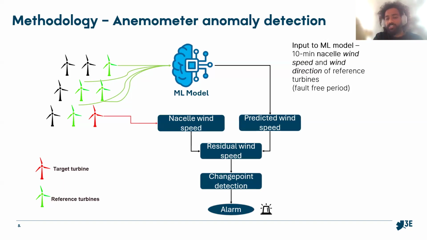As I'll show in the examples in the case studies, we use an offline change point detection, from a package called ruptures in Python. What we found was that all the change points we detected would not result in a change in the power curve. So we measure the median of the residual before and after the change point, and based on this magnitude of change in the residual, we give an alarm.